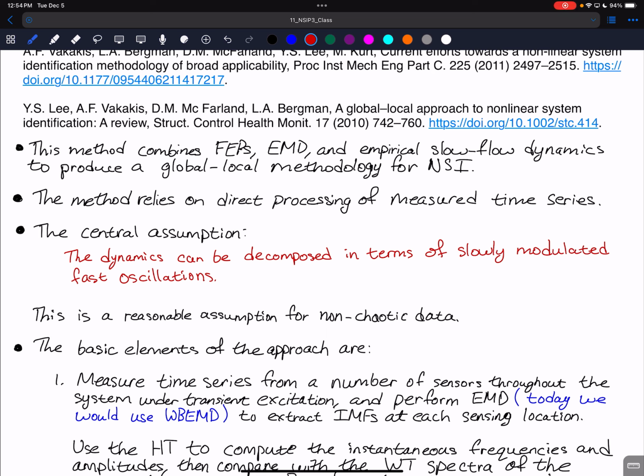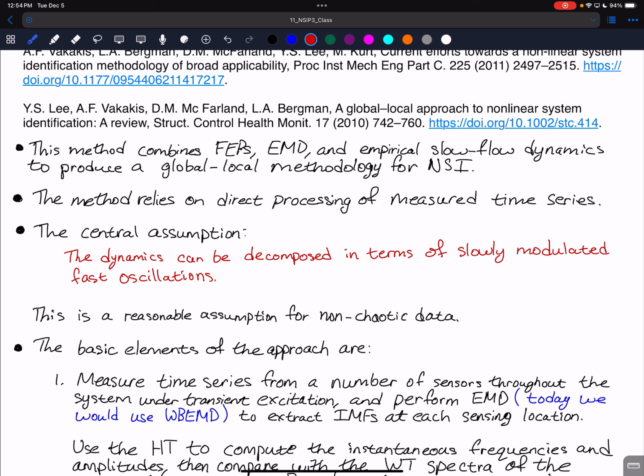Which is kind of the core message of what we've been doing this entire class. With multiple scales, we said there was a fast oscillation with a slowly varying amplitude. We then did CXA, where we had the same assumption. When we did wavelet-bounded EMD, when we started looking at these nonlinear resonances, we encountered this idea of a slowly varying amplitude multiplied by some fast oscillation. So in general, this is not a very hard assumption to satisfy.